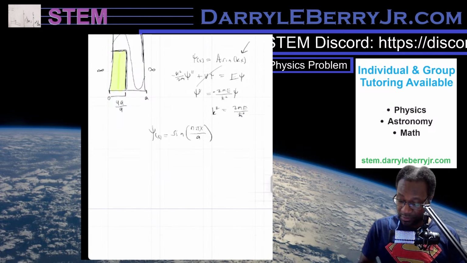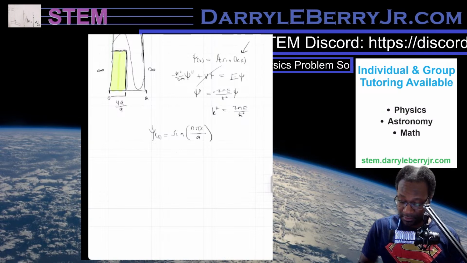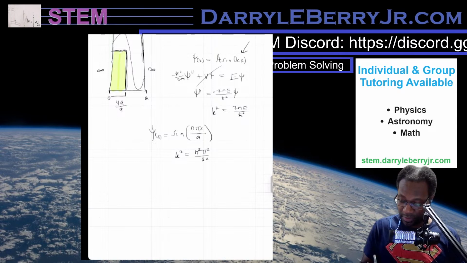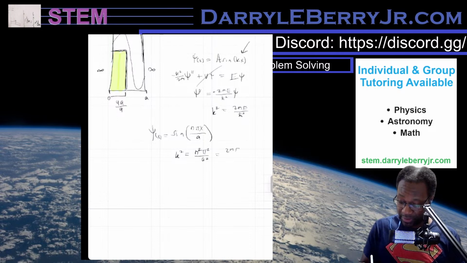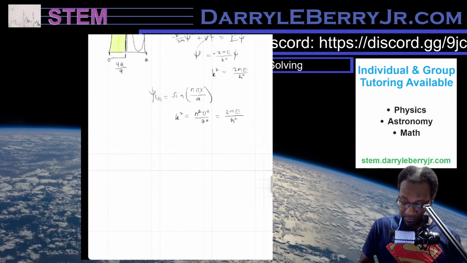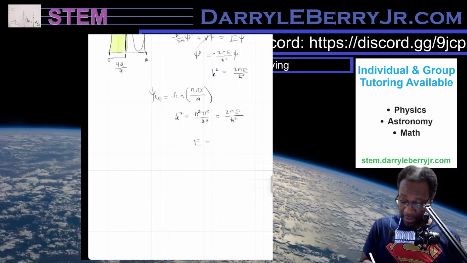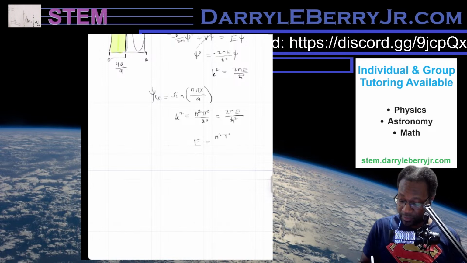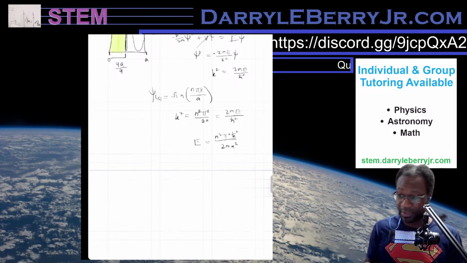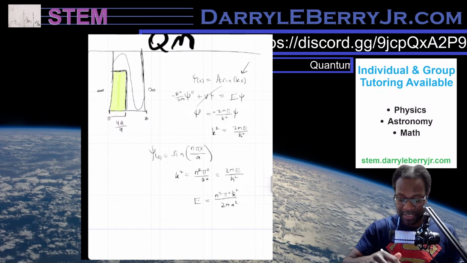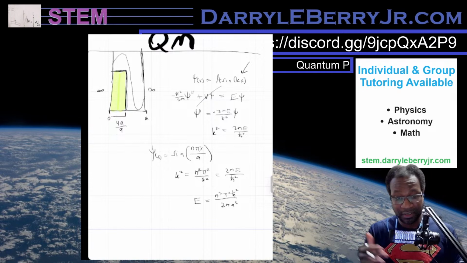So our k will end up being k squared equals n squared pi squared over a squared, which will equal 2mE over h bar squared. So this means that we solve for energy, we'll end up having E, and this is the default energy, E equals n squared pi squared h bar squared over 2m a squared.